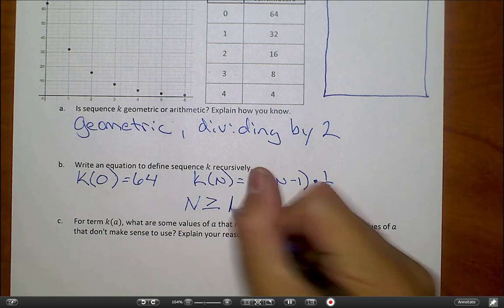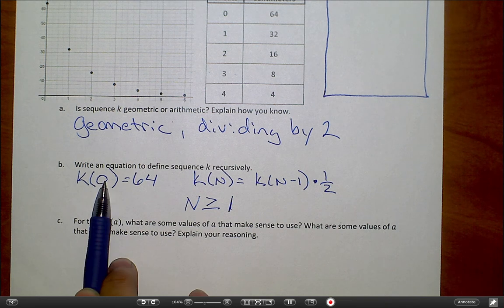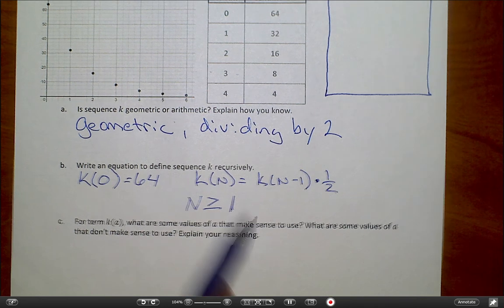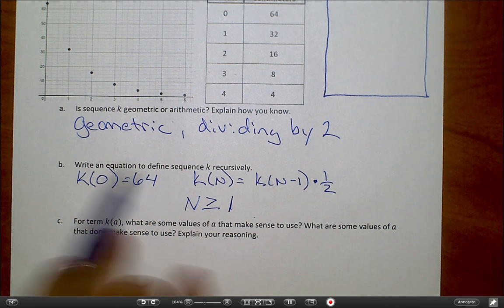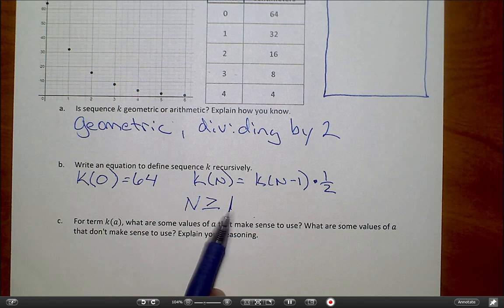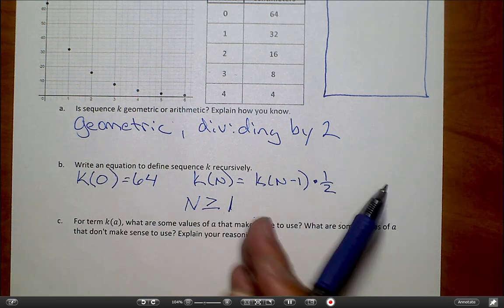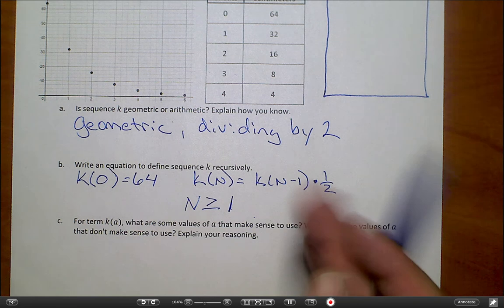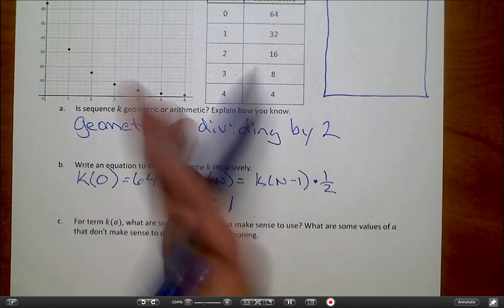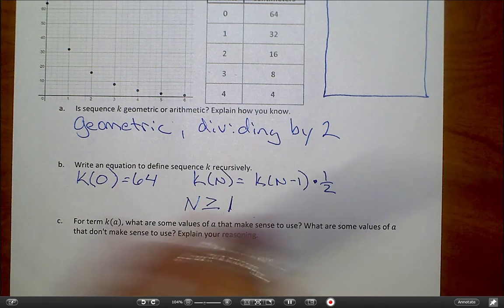It'd be 1, because you're given the first here. You have to find the ones after that. In a recursive, you have the given initial value, and then you find the ones after that. That's only with recursive. If it was the non-recursive, the explicit, that's where you're plugging in n to get that term in the sequence.